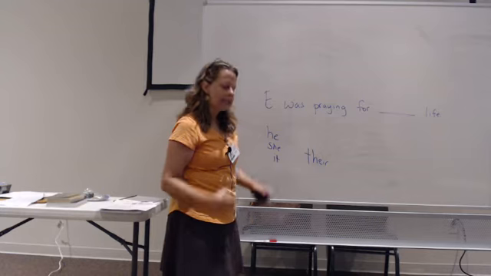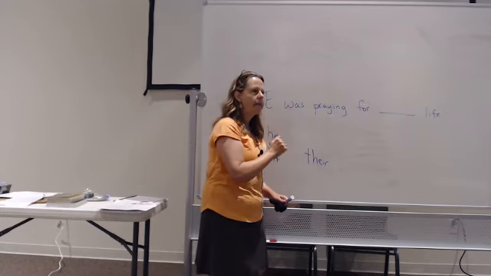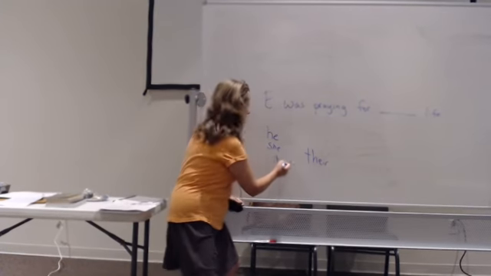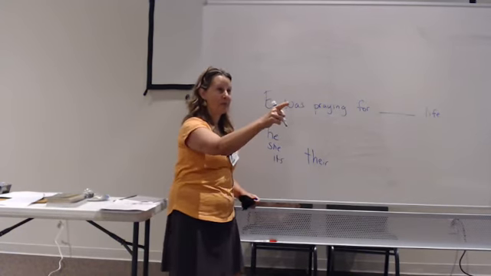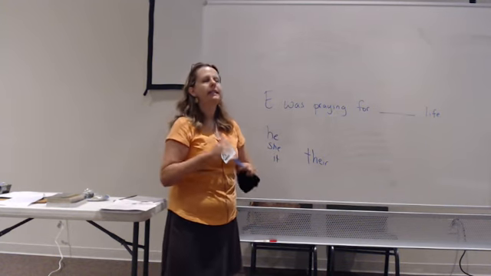We have a choice. Do I say everyone was praying for his life, everyone was praying for her life, or everyone was praying for its life, which would be, it's with no apostrophe. Here's the deal.